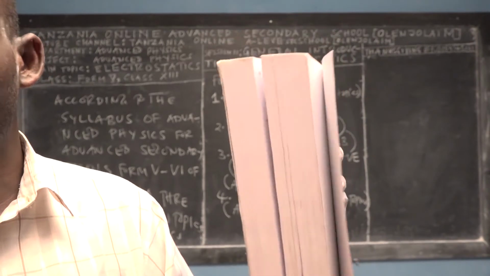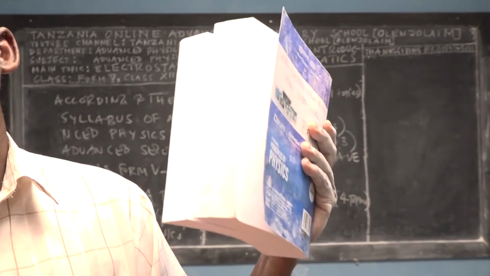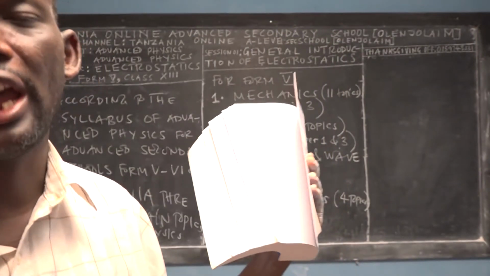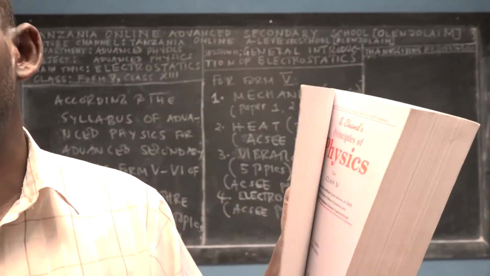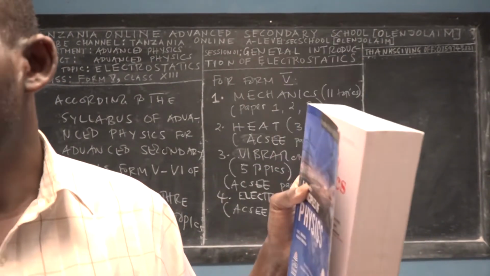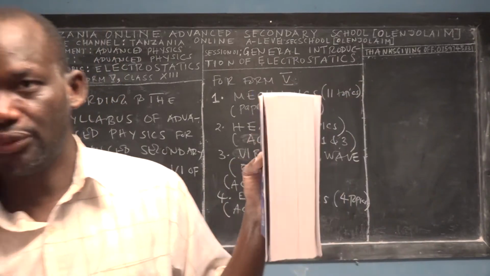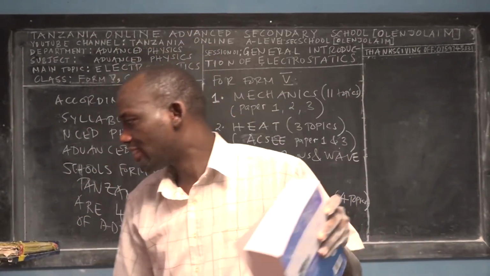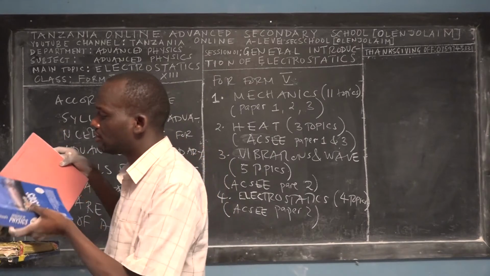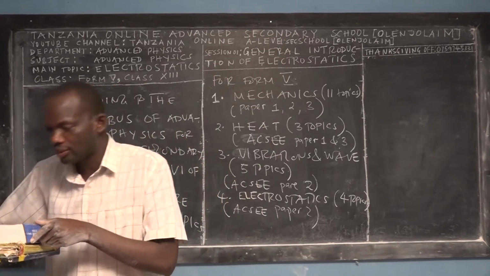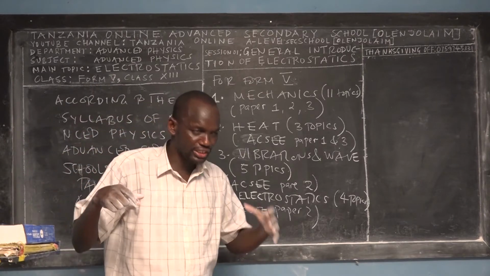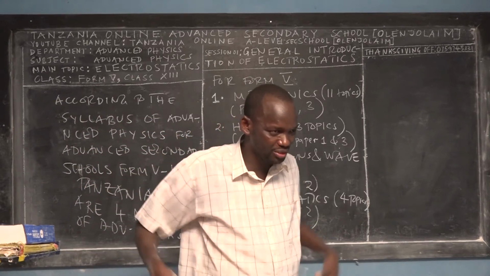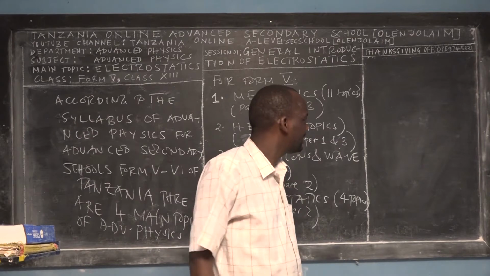This is an example of a reference textbook. If you go to session 00, I mentioned more than 10 reference textbooks for advanced physics. And then the other books are question and answer books, for example past papers or reviews. You should have them nearby. They should surround you when you are taking these sessions.